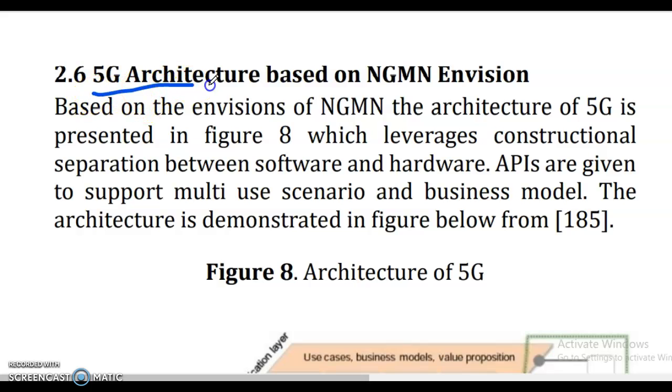5G architecture based on NGMN vision. Based on the vision of NGMN, the architecture of 5G is presented in figure 8, which leverages conceptual separation between software and hardware. APIs are given to support multi-use scenarios and business models. The architecture is demonstrated in the figure below.